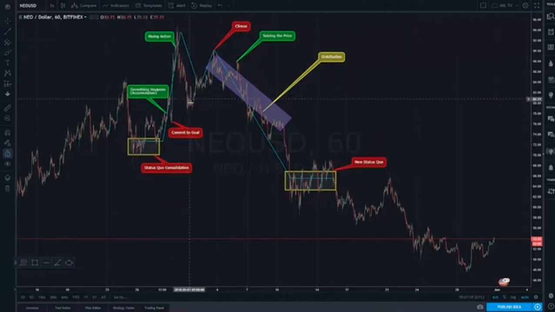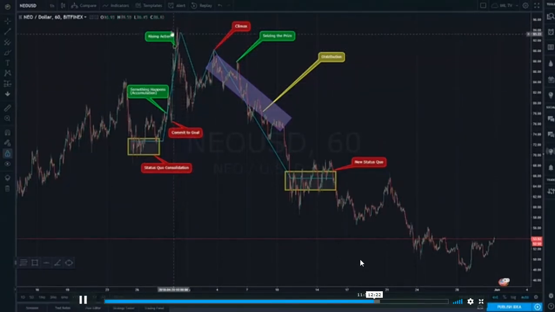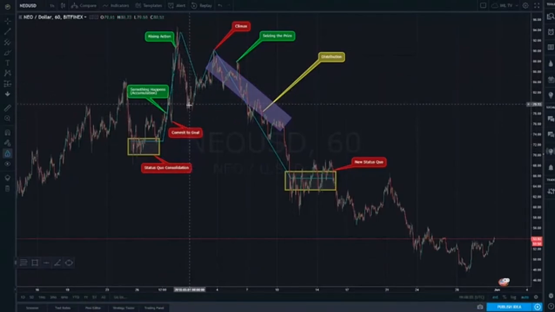During the retracement that we get after that initial rise, all of this is considered to be the best possible time to re-enter for those individuals that are looking for movement to the upside.